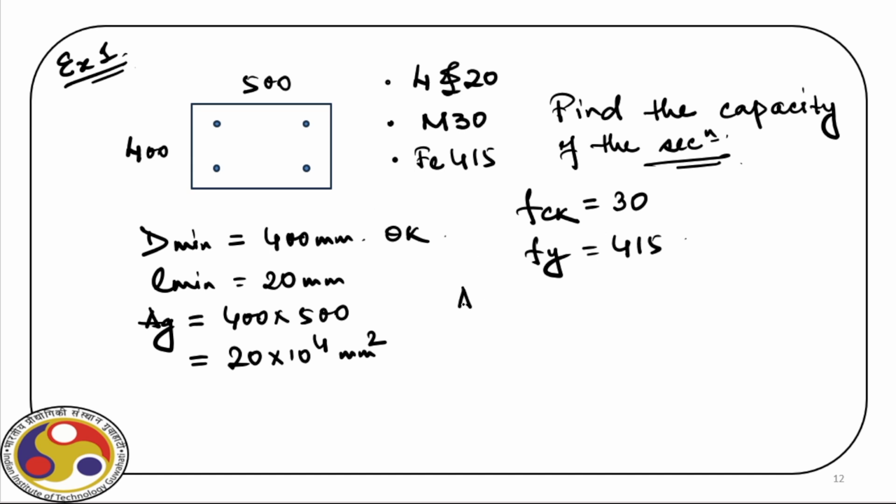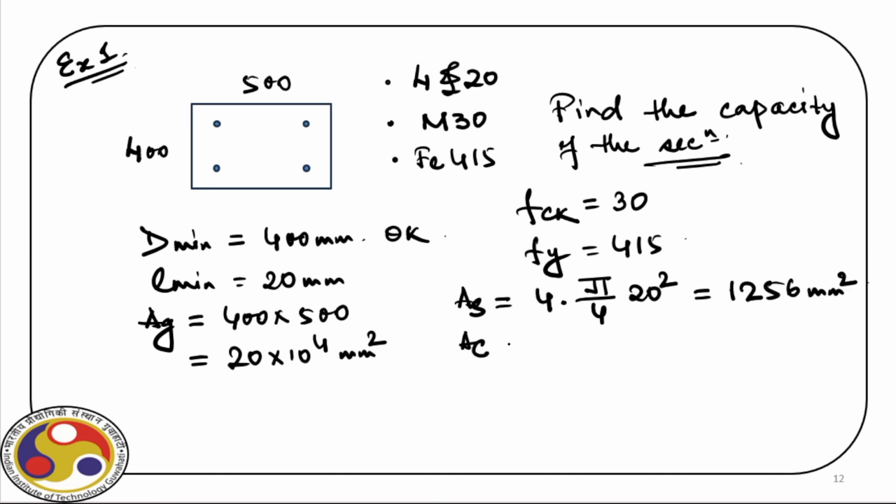Also, we know Asc, in this case it is 4 times the area of a bar of diameter 20 millimeters. So pi by 4 times 20 square, we get 1256 millimeter square.